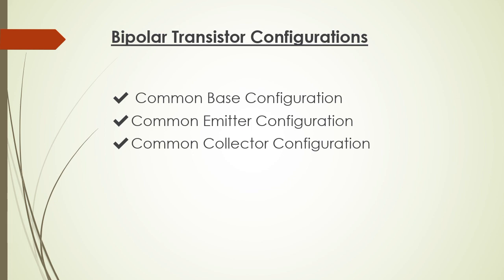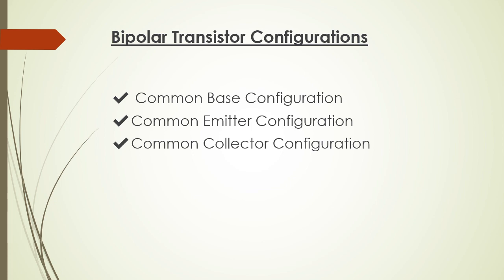There are three configurations for a BJT. First one, common base configuration. Second one, common emitter configuration. And the last one, common collector configuration.